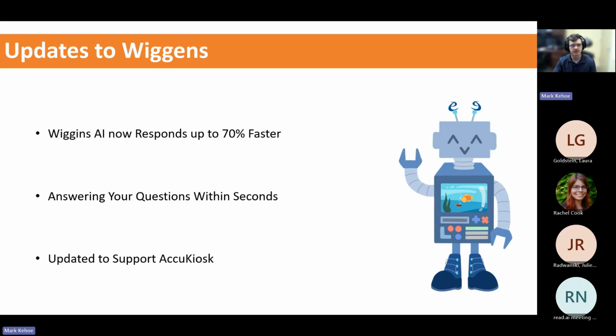And we've been making sure to add any changes from these recent updates to the documents as well. So Wiggins is completely up to date to answer your questions. So this is faster, and we've actually gotten it down to within seconds. So that's pretty fast for you guys to be able to get an answer if you're trying to think of something that has escaped you.